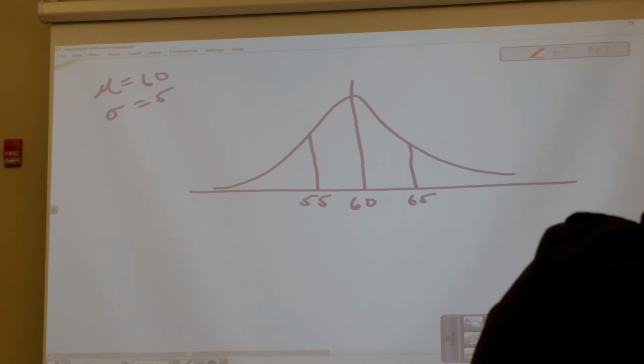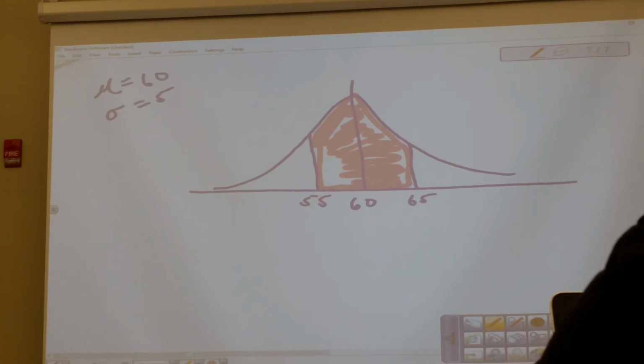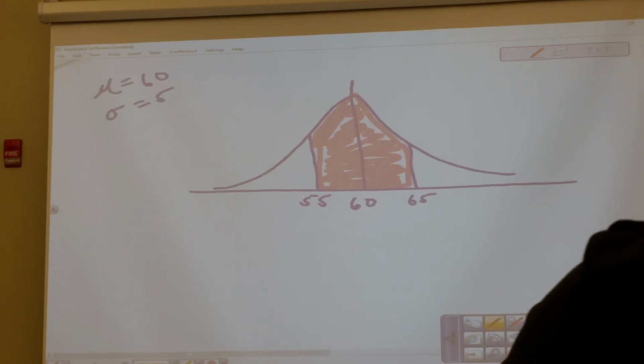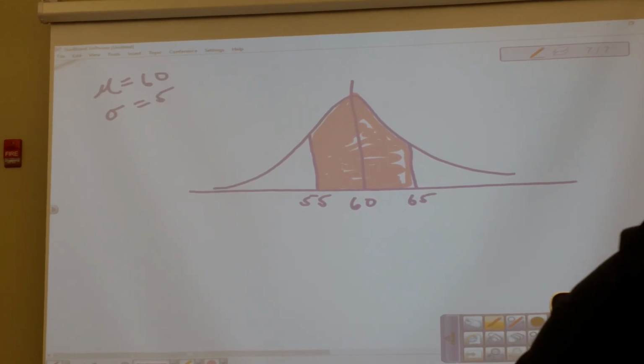What was the area here? When we talked about being within plus or minus 1 standard deviation on a normal or standard curve, what was the percentage of the numbers that were in here? The area of the whole curve is 1, right?